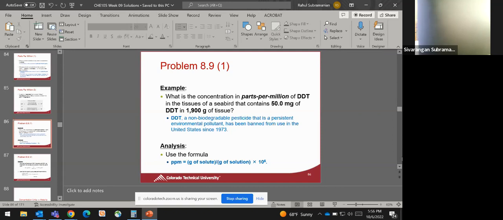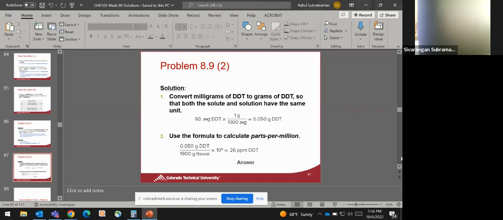Or you can convert the denominator into milligrams by multiplying 1900 by 1000, and you should still get the same answer. That is a huge number in the denominator, which is why you multiply by 10 to the power 6, which converts it into a more manageable number, and you get 26 ppm of DDT.